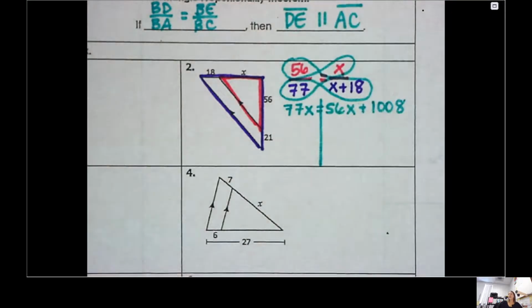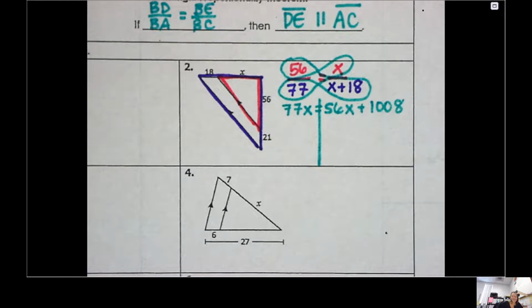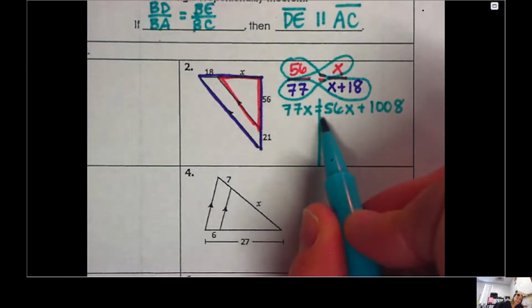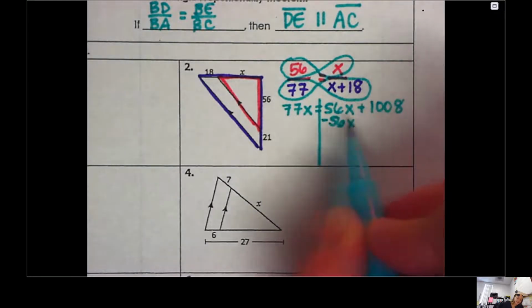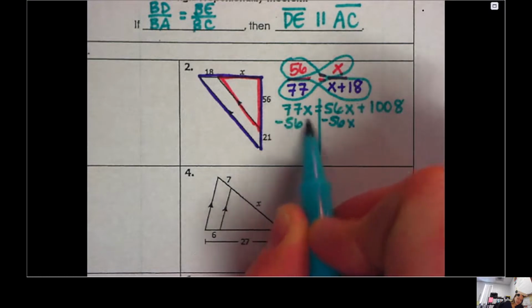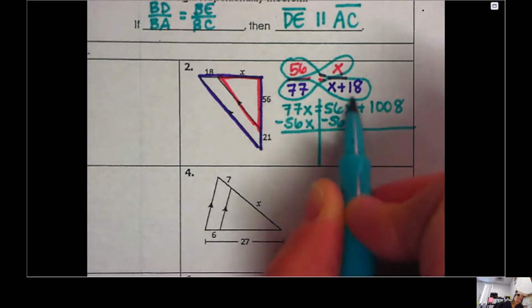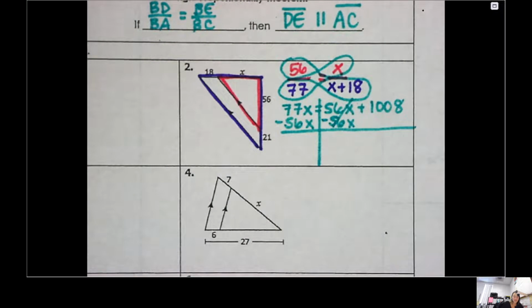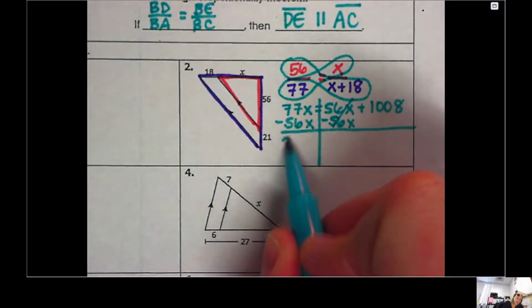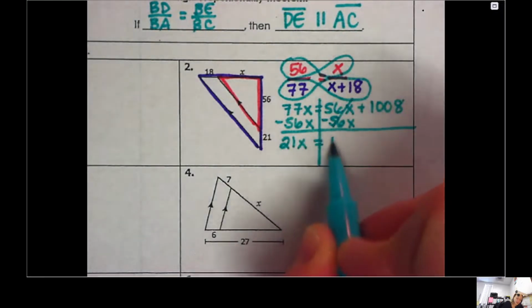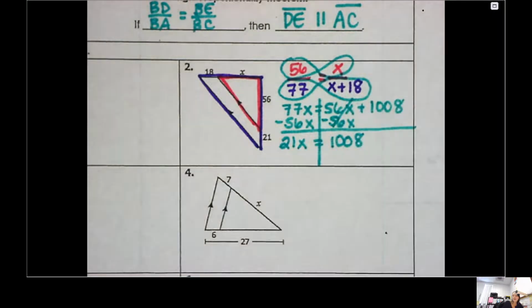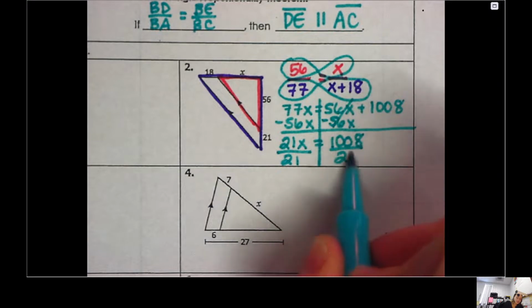And now, friends, it's your favorite. Algebra. Hooray! What should we do? Take the 56X and subtract it. Good. Minus 56X on both sides. So you get 21X equals 1008. And then divide by 21. You get X equals 48. Done.